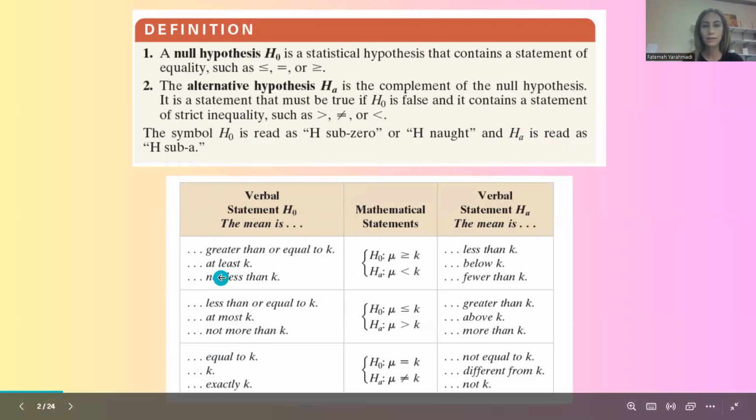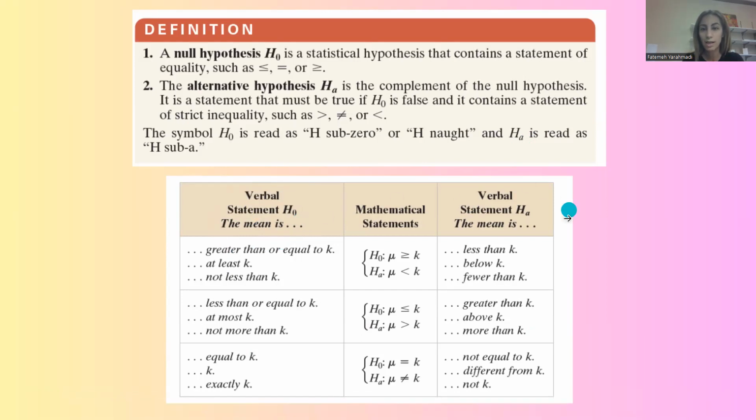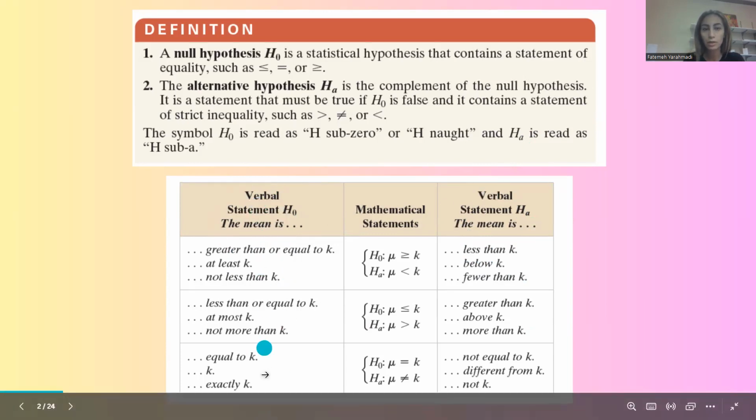We are dividing these into two important columns: verbal statement for null hypothesis, located on the left-hand side, and verbal statement for alternative hypothesis, or H sub A, located on the right-hand side.